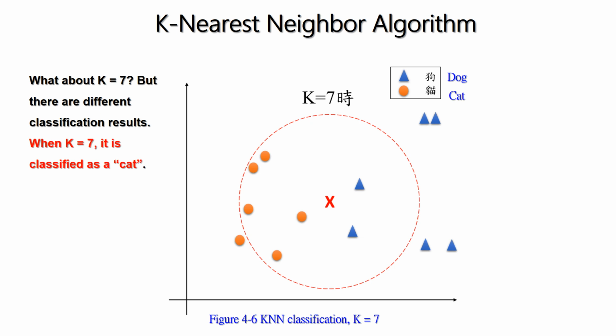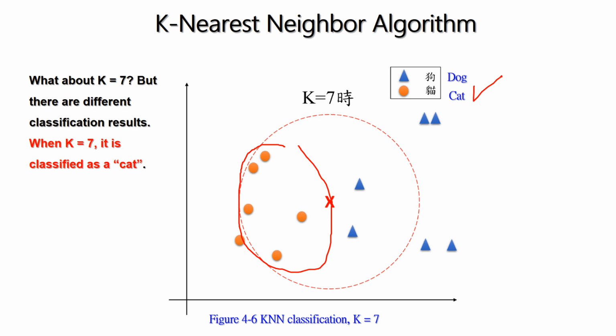But there can be misjudgment. For example, what about k equals 7? There are different classification results. When k is 7, you can see the probability for the cat is larger than the dog.